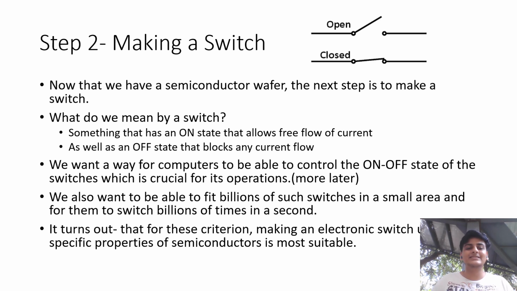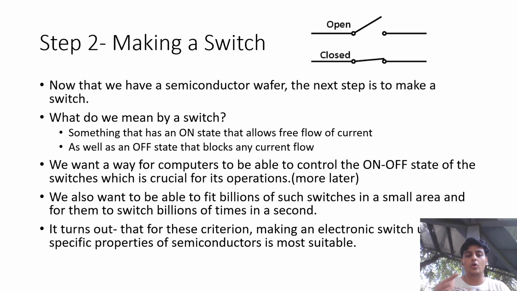So the basic idea is that the smaller you can make them, the more you can have of them, so the more computational power you can have, and the faster you can make them, the faster your computer can do operations. So the entire problem of making your computer better from a hardware perspective is about making a switch that can be smaller and switch quicker and in a more efficient way. Studying the physics of this really will give you an idea of how that is actually done.